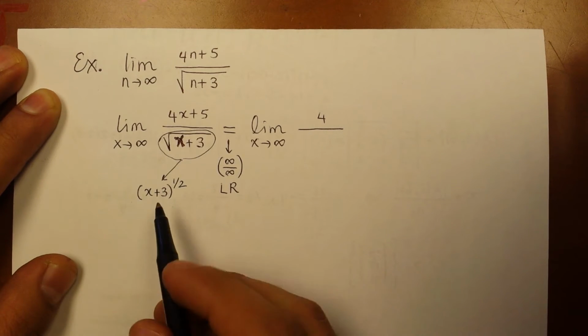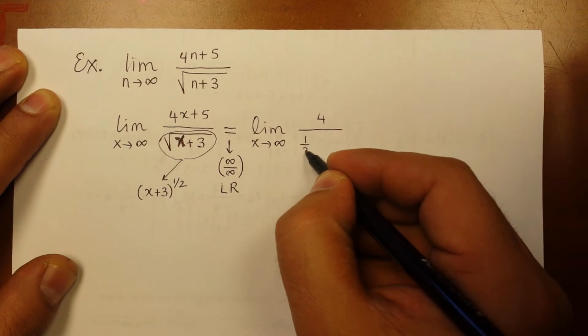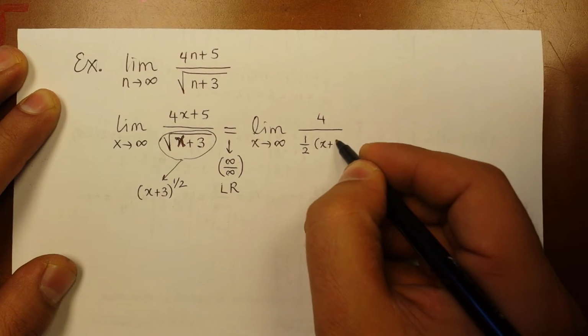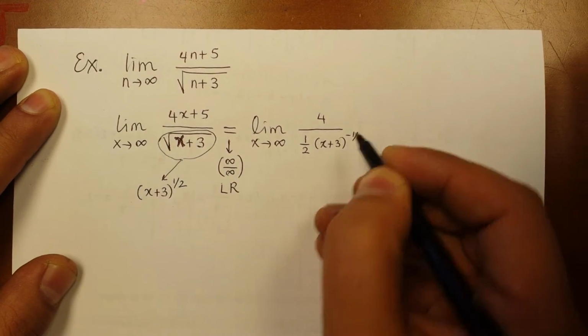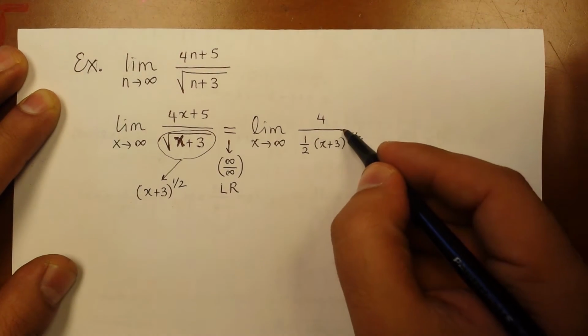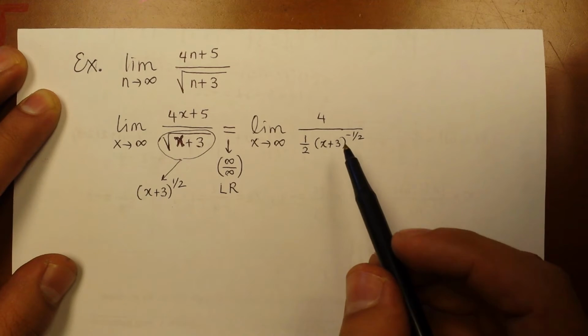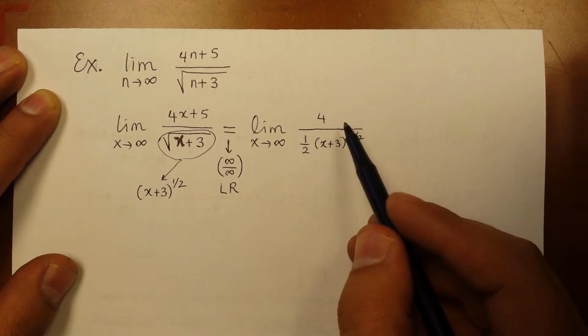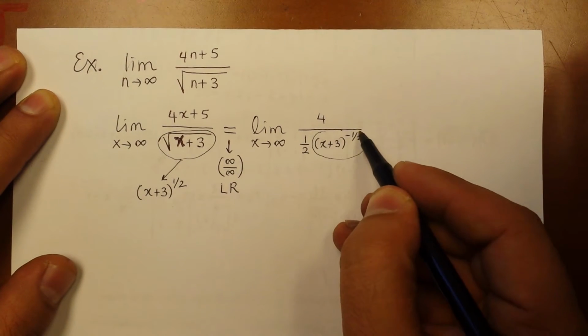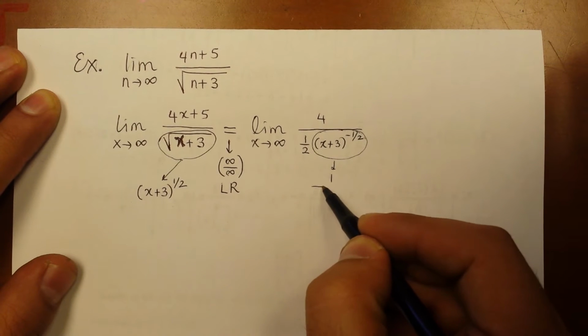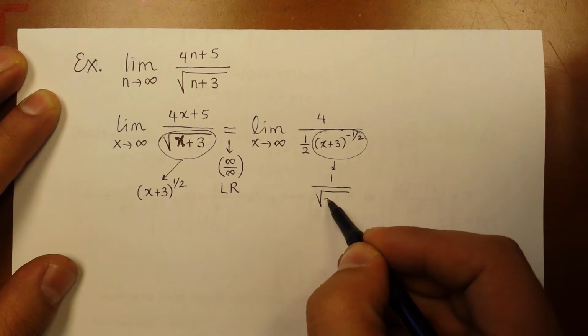If you take the derivative of this one, that will be 1/2 times x plus 3 to the power negative 1/2. So you have a negative power, so you can flip it and put it at the top, because this exactly looks like 1 over square root of x plus 3.